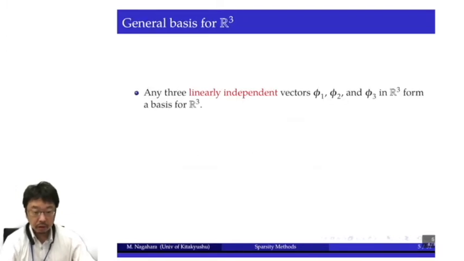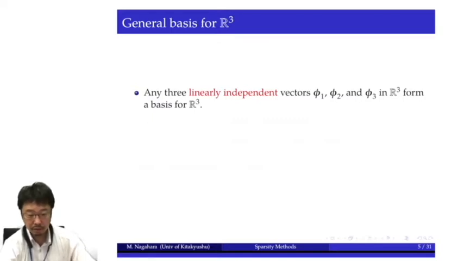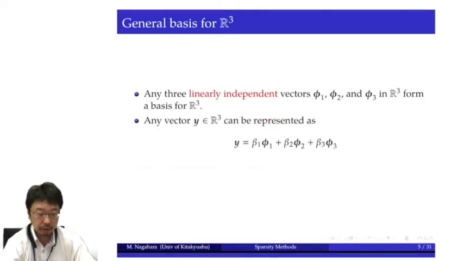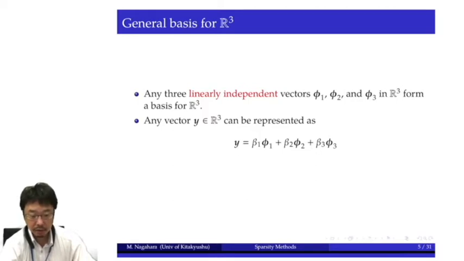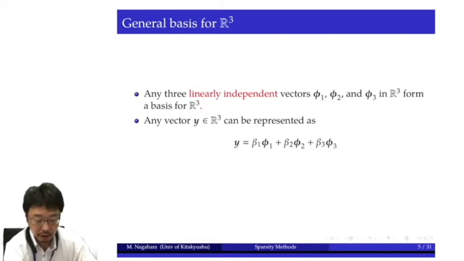And not only the standard basis, any three linear independent vectors phi1, phi2, and phi3 in R3 form a basis for R3. That is, any vector y in R3 can be represented as a linear combination of three vectors of phi1, phi2, and phi3 like this.